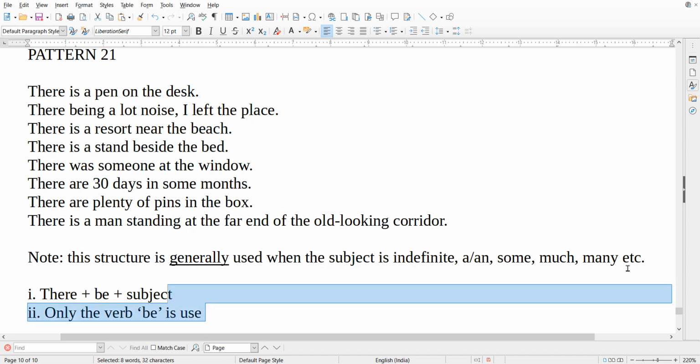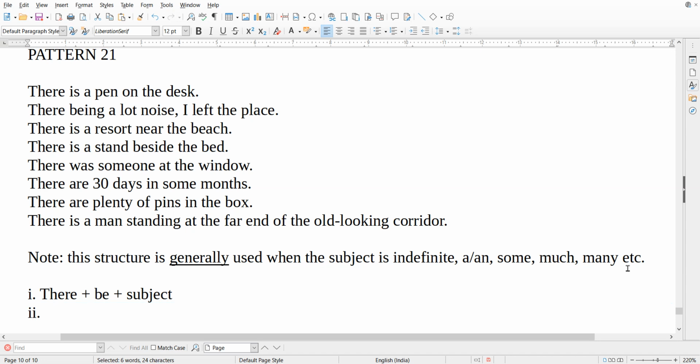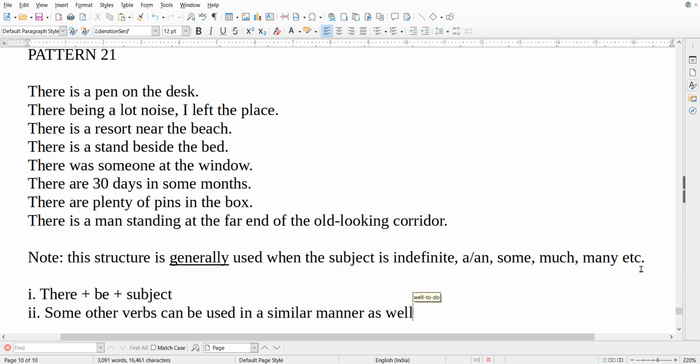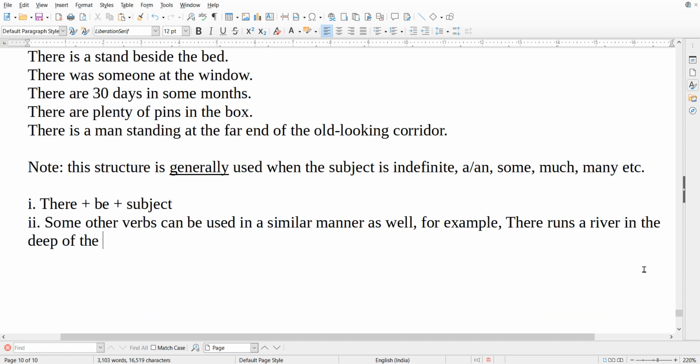No, actually, some other verbs can be used in a similar manner as well. For example, there runs a river in the deep of the forest.